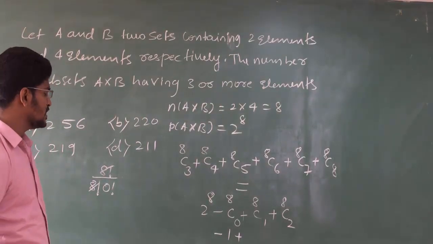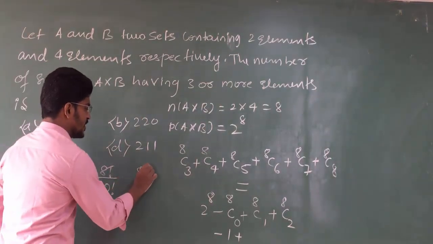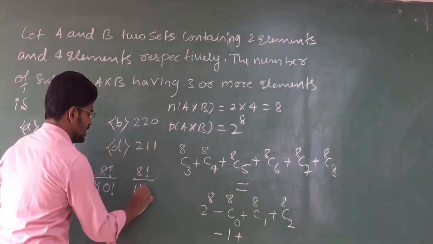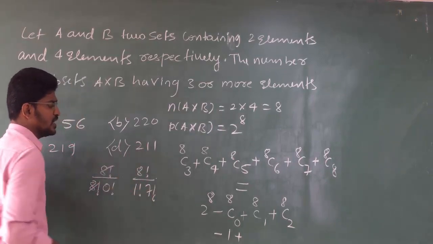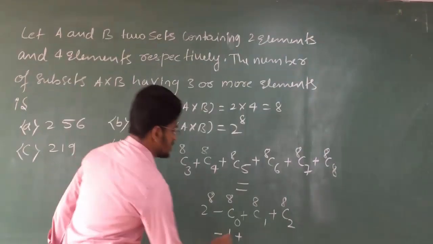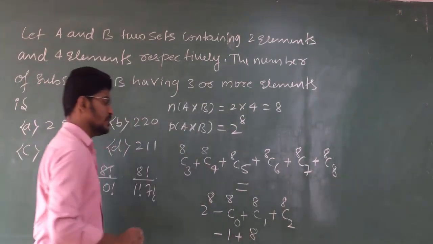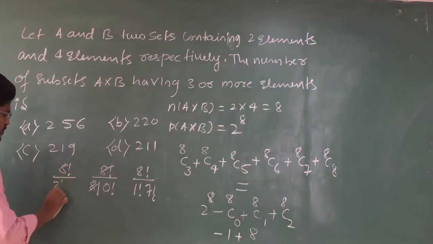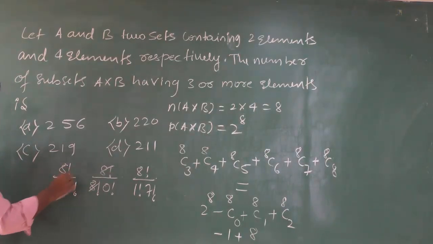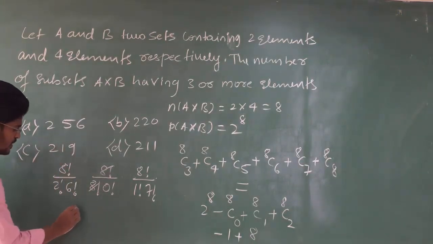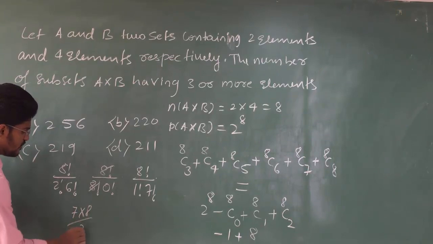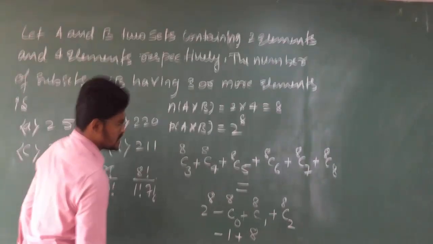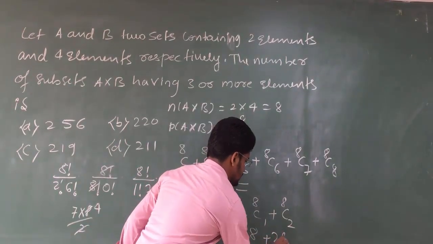Plus 8C1. You may calculate 8C1, that is 8 factorial divided by 1 factorial into 7 factorial. Cancel 7 factorial and 7 factorial, so it will remain with 8. Clear? 8C2 is 8 factorial divided by 2 factorial into 6 factorial. Cancel 6 factorial and 6 factorial. 7 into 8 divided by 2, if you simplify this, it will be 28.